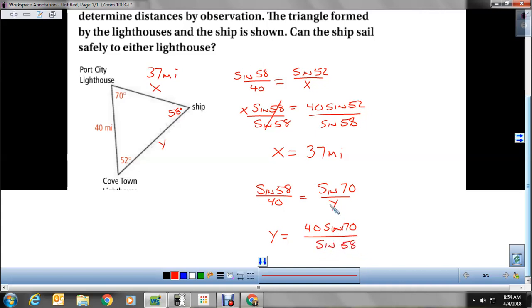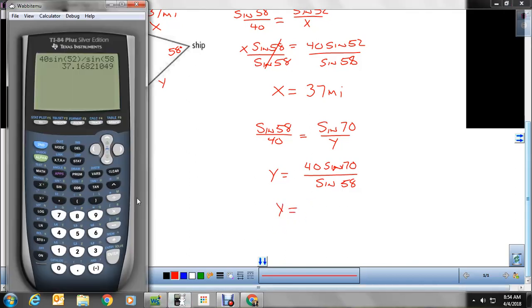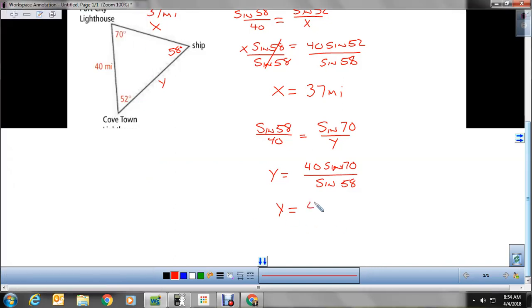Notice the only difference here is that the sine of 52 and 70 swap places. So as we calculate that value, we're going to get 40 sine 70 divided by sine of 58 again, and that's going to give us approximately 44 miles.